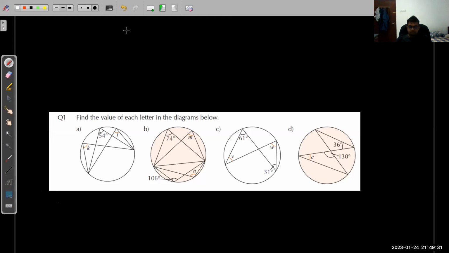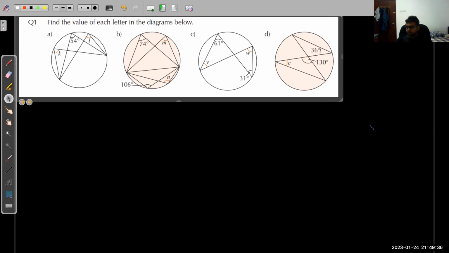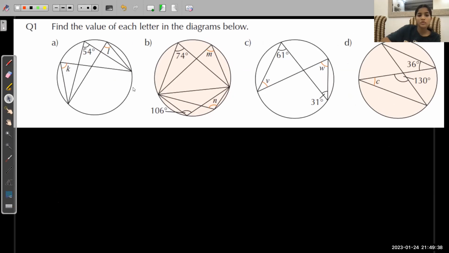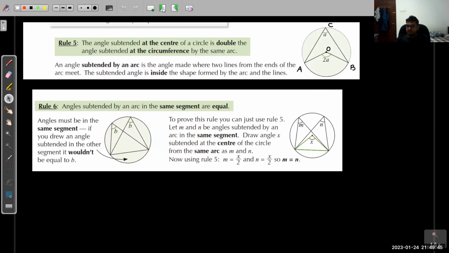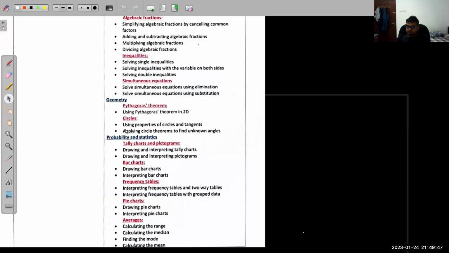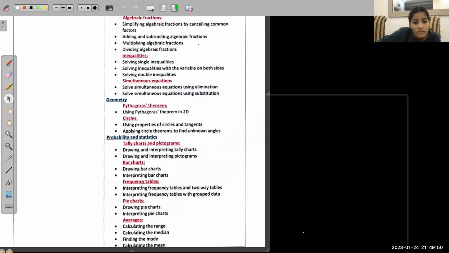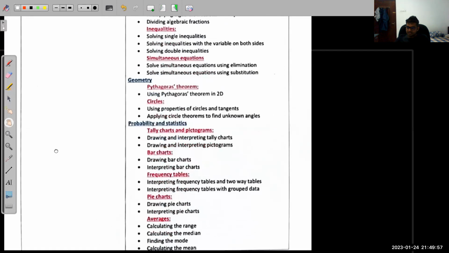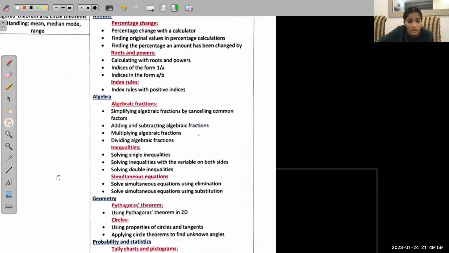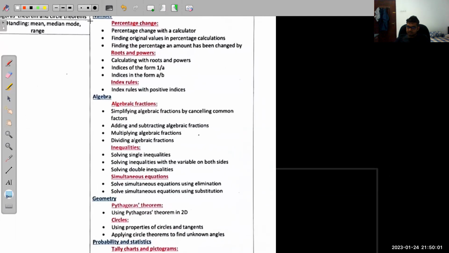After these few questions, we can finish circle theorems, right? Yeah. So, which one is this? These circle theorems, the topic that we just covered is this part. Yesterday we covered all the topics related to probability and statistics, but today we are in this. Let me highlight it.